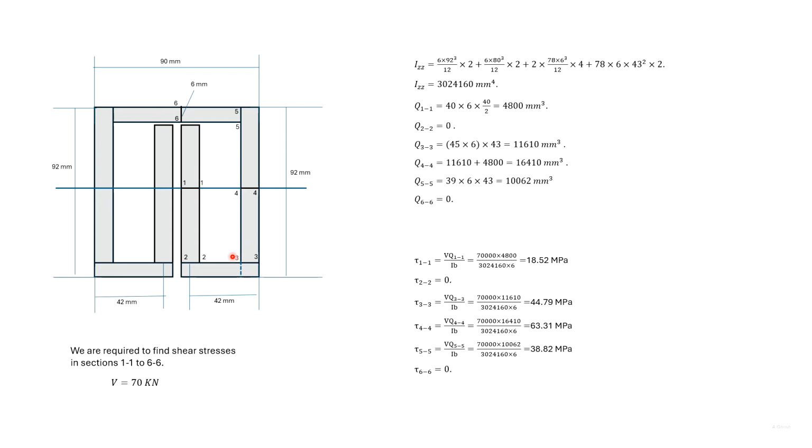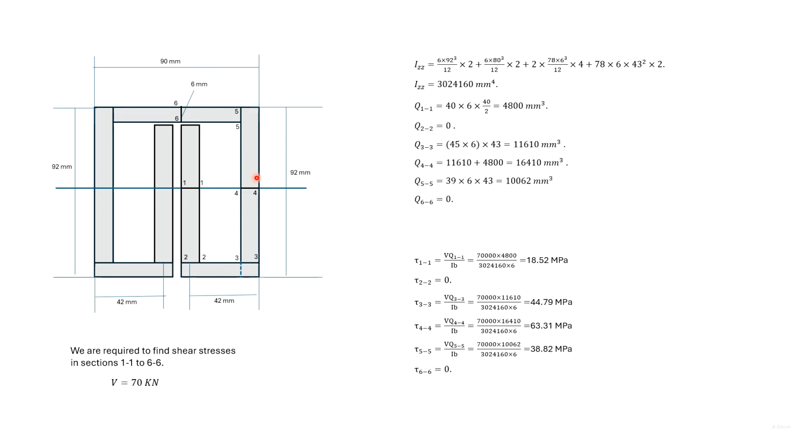Now consider section 3-3. We need to find Q for this horizontal portion. Since the Q for this portion is 0, this length is 42 plus half the thickness is 45. So we find Q33.